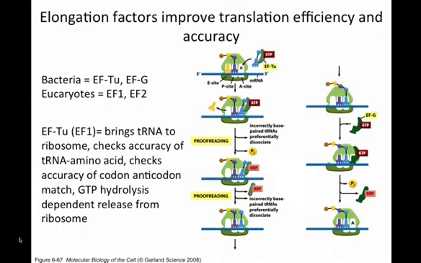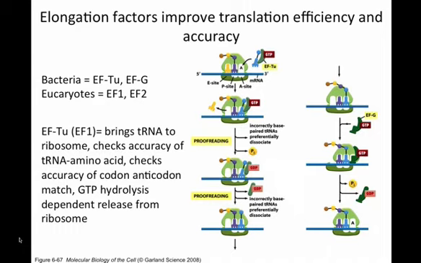What's actually happening is EF1 brings the tRNA into the ribosome, and it checks the accuracy of the tRNA amino acid and the codon-anticodon interaction. Then you get GTP hydrolysis, which allows the elongation factor to release. If it's incorrect, it won't allow that tRNA to stay. So it's another level of ensuring fidelity of amino acid addition.